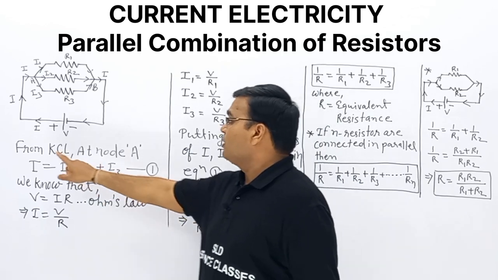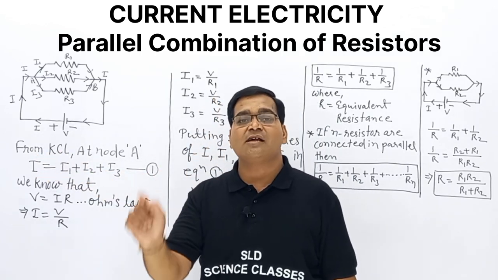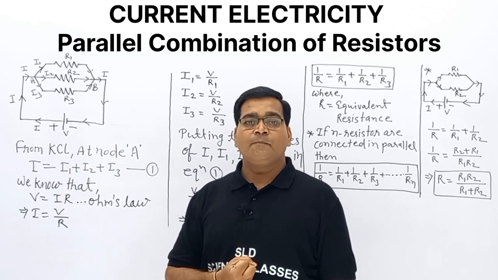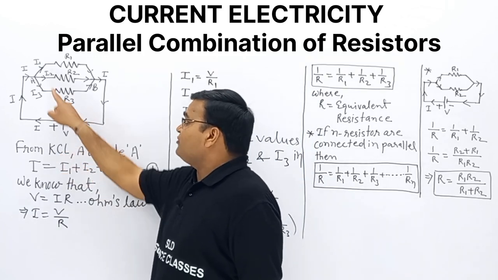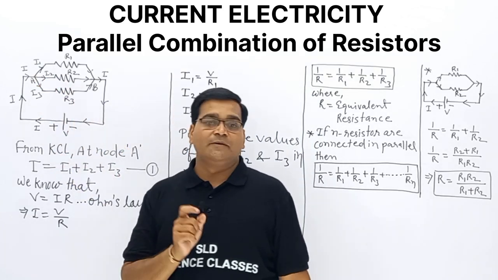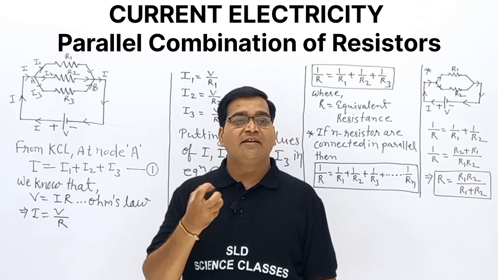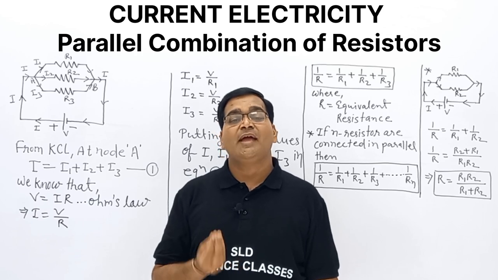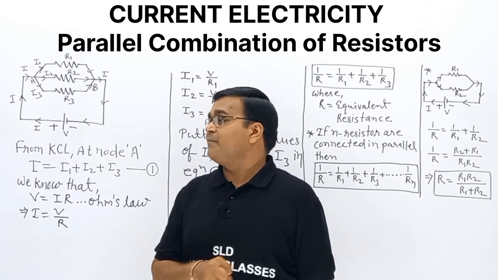Observe, at the node, two or three or more branches are intersecting. That is a node or junction. A node is where two or three or more branches intersect.